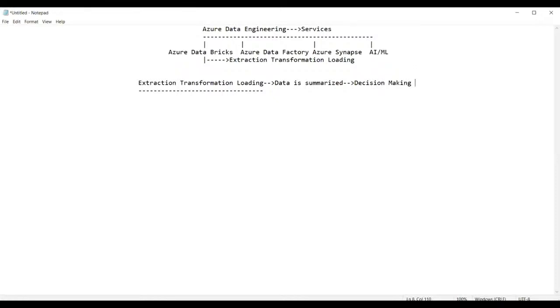So what is this process of extraction, transformation, and loading?